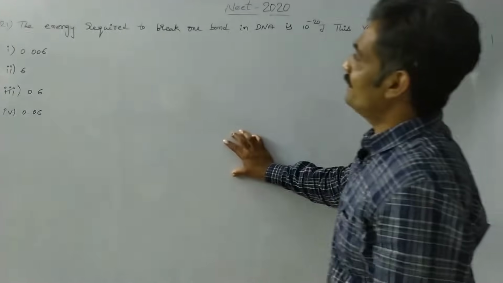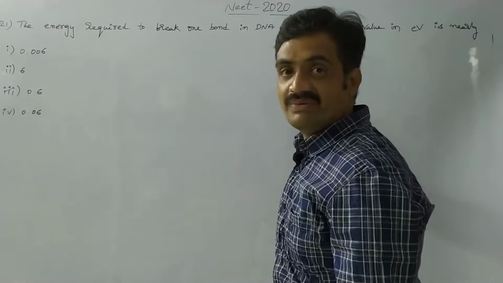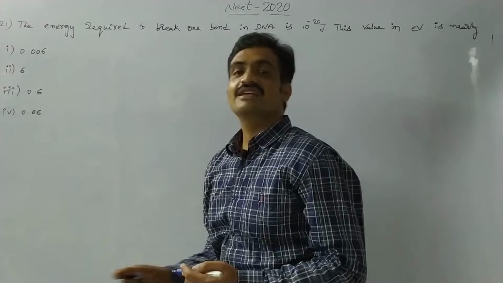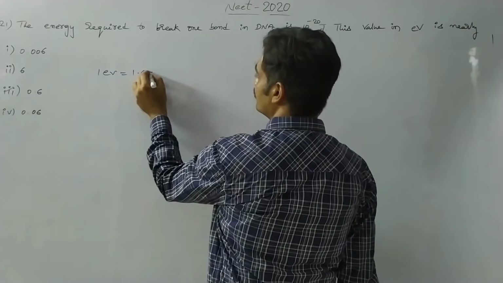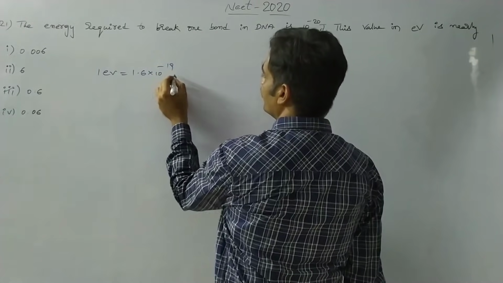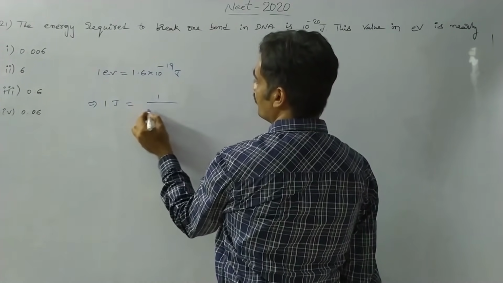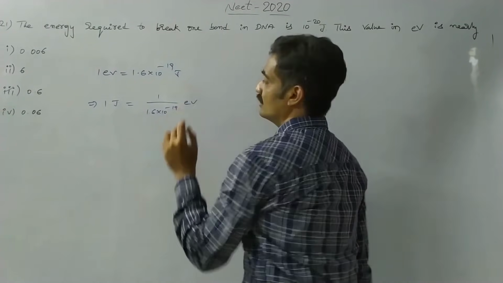Next question is, the energy required to break one bond in DNA is 10 to the power of minus 20 joule. This value in electron volt is nearly. We know that 1 electron volt is equal to 1.6 into 10 to the power of minus 19 joules. So from that, 1 joule is equal to 1 by 1.6 into 10 to the power of minus 19 electron volt.